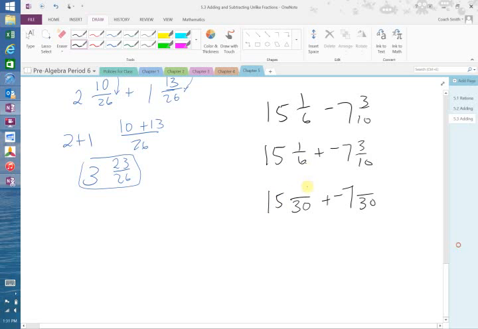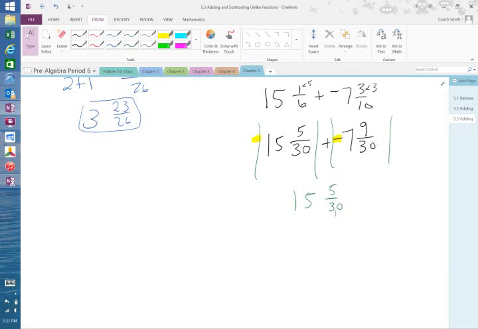That would be 6 times 5 is 30, so multiply by 5 on top would be 5. 10 times 3 is 30, so multiply by 3 on top, and that would be 9. Okay, I have a negative and a positive, so therefore I've got to subtract their absolute values. That's going to give me 15 and 5 over 30 minus 7 and 9 over 30.